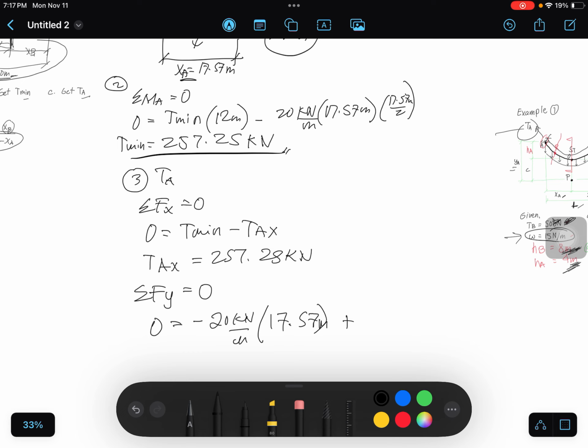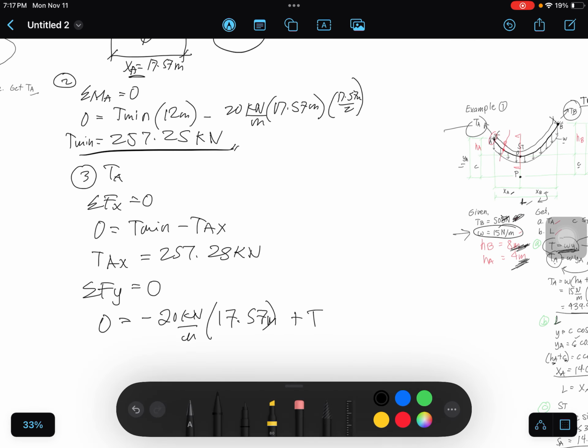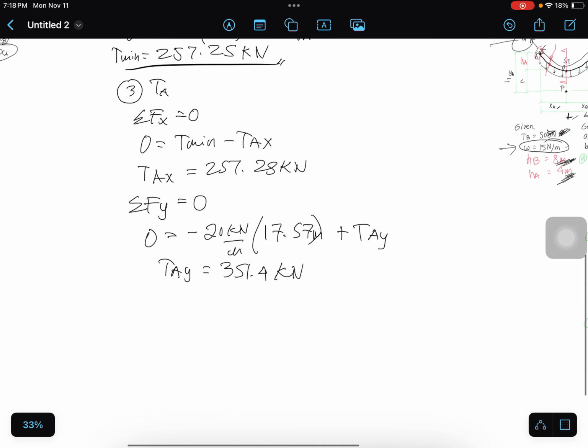And then plus, dahil upward, TAY. So, our TAY is equal to 351.4 kilonewton. Okay. So, nakuha na natin si TA.